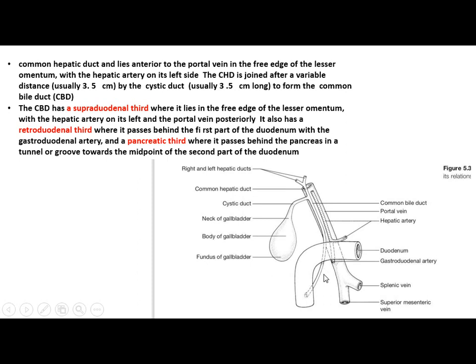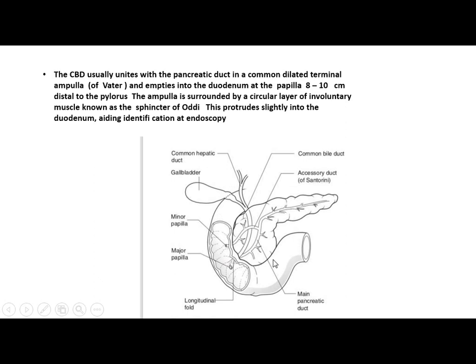The pancreatic third passes behind the head of the pancreas and makes a groove toward the midpoint of the second part of the duodenum, where it joins the main pancreatic duct at the ampulla of Vater and opens into the second part. There is a fold of mucosa around the opening, which makes it easy to identify at endoscopy.